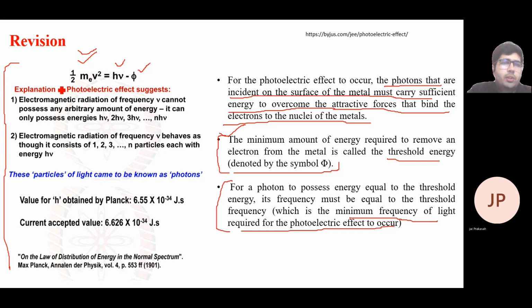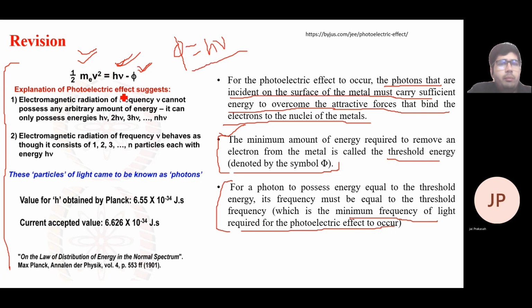From this equation you can see that if h nu and phi are equal, your incident wave on the metal surface has equal energy to the minimum energy required.